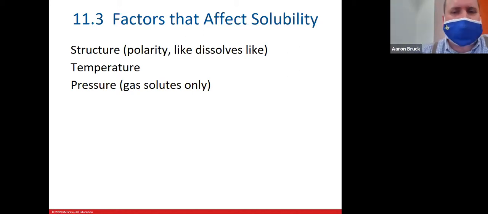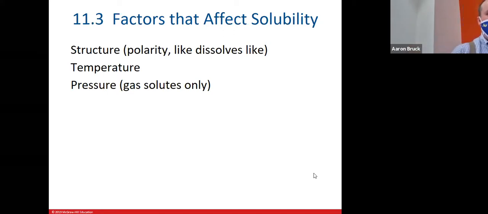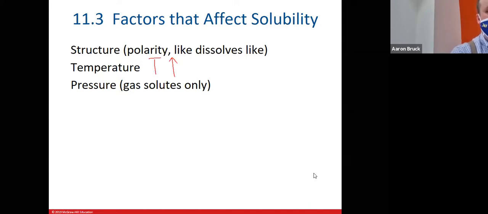The other 2 factors that we want to look into are temperature, and based on our own personal experiences, we should have at least a general idea of what that trend looks like. We know that when temperature goes up, solubility tends to increase as well.